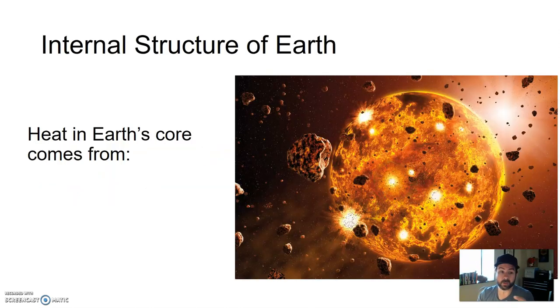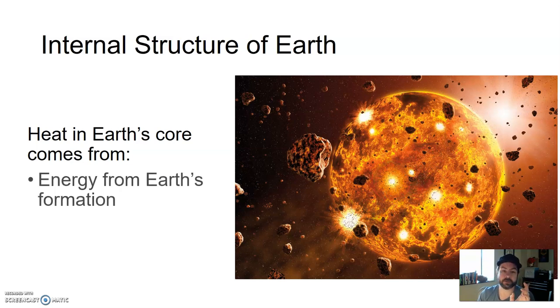Well, it comes from a couple of different places. First, heat, or energy, from Earth's formation. When Earth first formed, it formed from a bunch of stuff out in space coming together. Stuff kept bombarding and smacking into Earth.